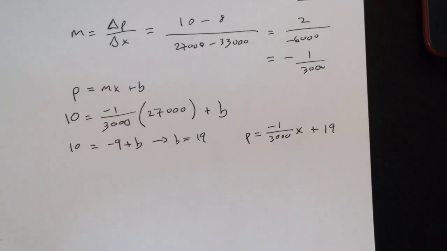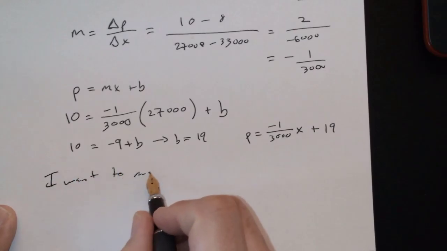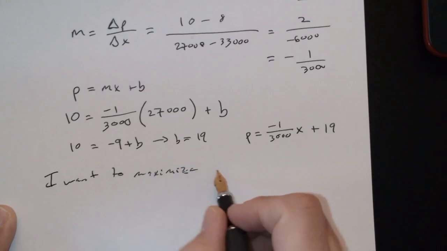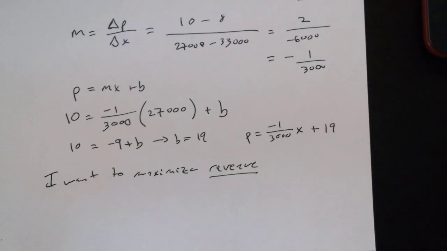The next part of this question asks, what price should I set to maximize revenue? Revenue is price times quantity sold. P is our price.